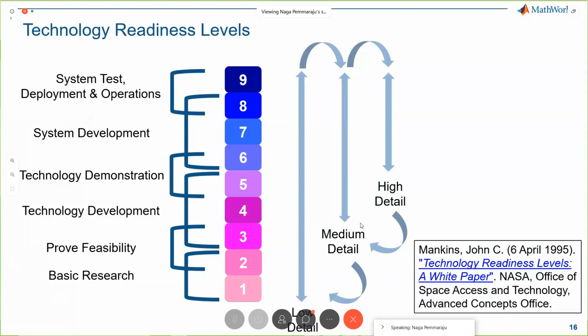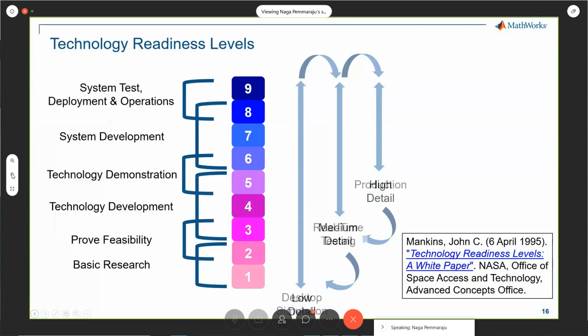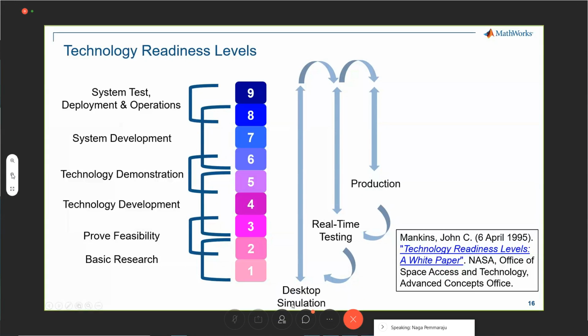So the moment you are in the technology demonstration, you are at very high detail, and that's exactly when we are talking about a production level system, right? And taking a step below, we see how we can test that level in real time testing, and even when we are doing a basic feasibility test, we will be doing a lot of desktop simulations here.